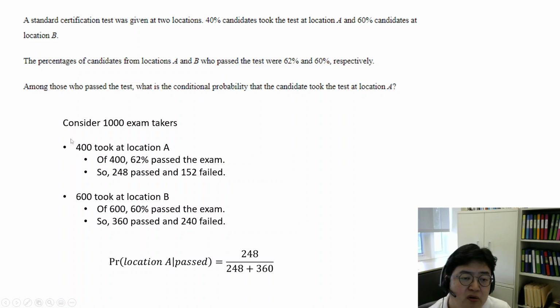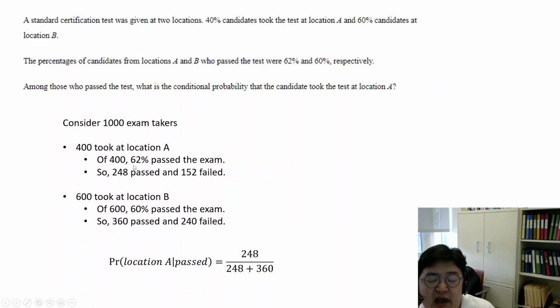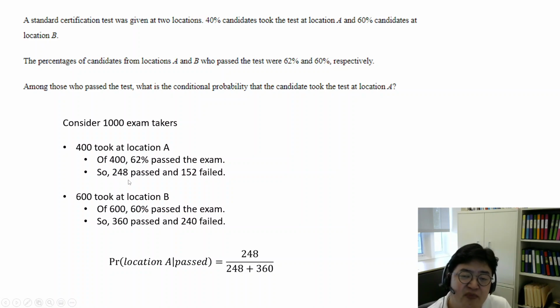And among the 400 exam takers at location A, 62% have passed the exam. So this is a conditional probability, conditional on the location A, right? And if you calculate 62% of 400, it's exactly 248. So 248 exam takers pass the exam at location A.